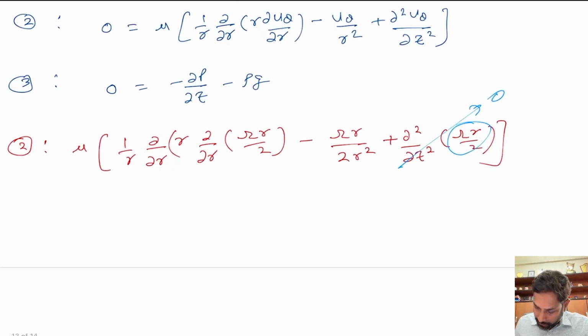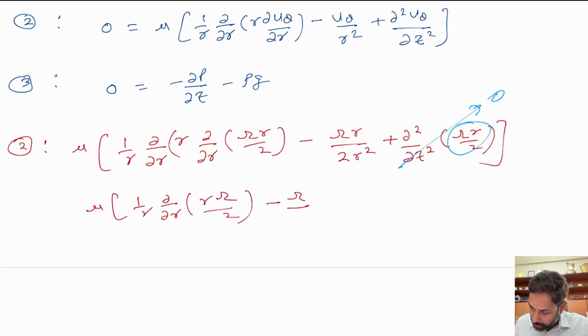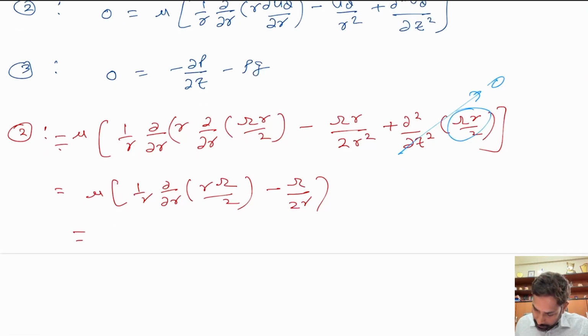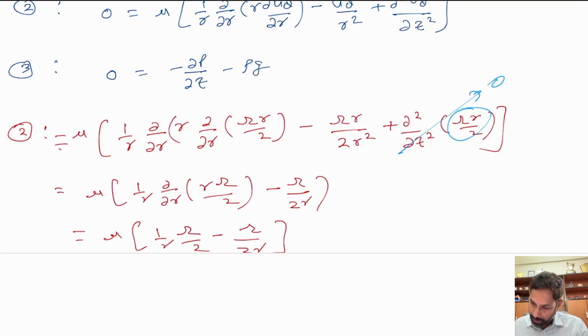And if you simplify this equation further, this will become 1 over r d by dr of r omega by 2 minus omega by 2r, and this further becomes 1 over r times omega by 2 minus omega by 2r, and you can see both these terms are the same, right?